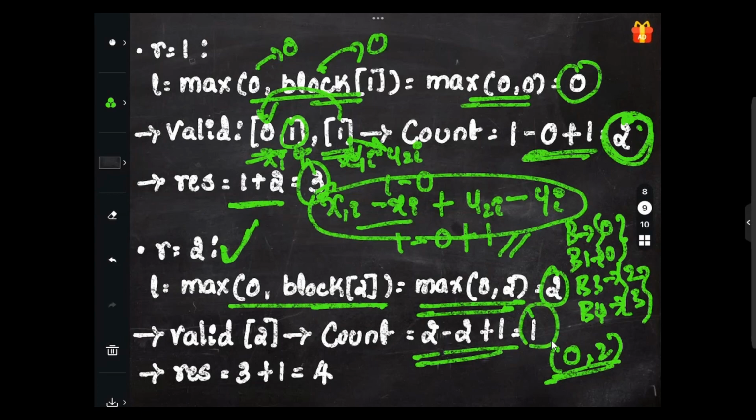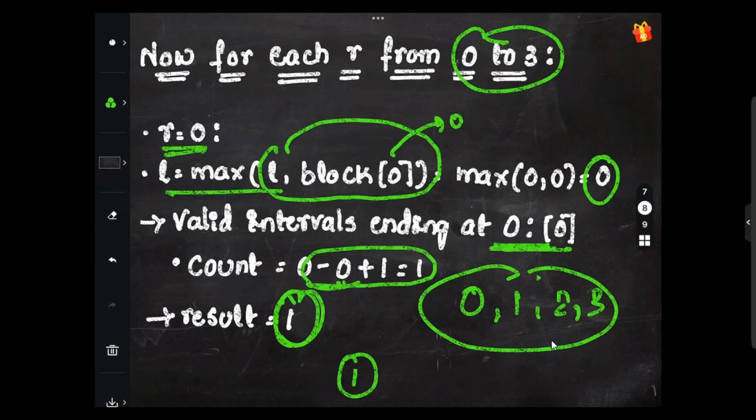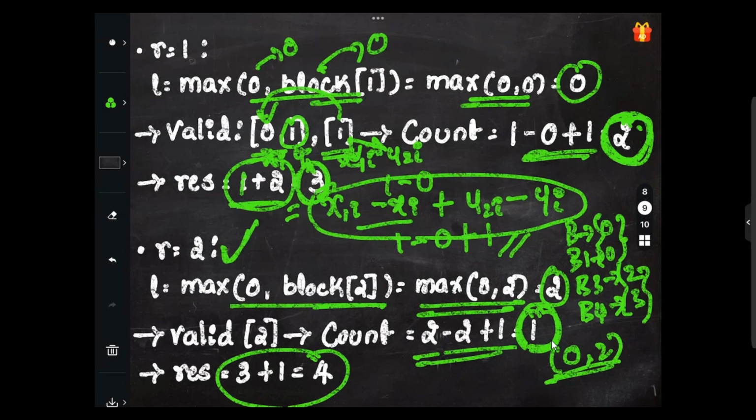The count we have got here is 1, and the previous result is 3, so 3 plus 1 is 4. Here also we consider the previous value, which is 1, and the count we got is 2. 1 plus 2 is 3. That is how we got 3 here, right? So we have 1, 3 and 4. I'll just write it over here itself: 1, 3 and 4.